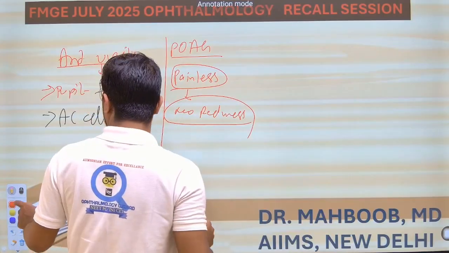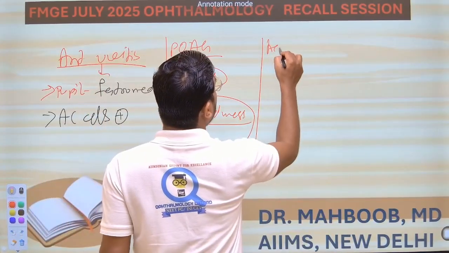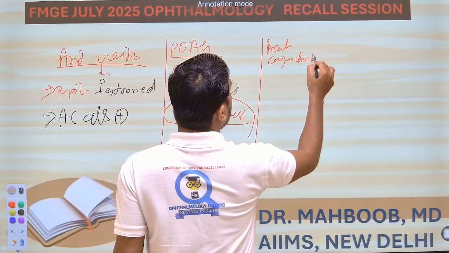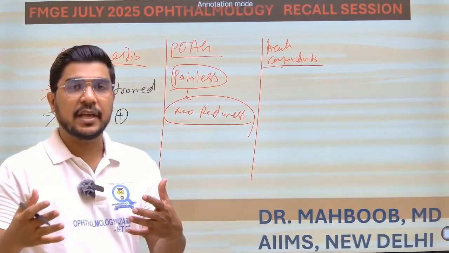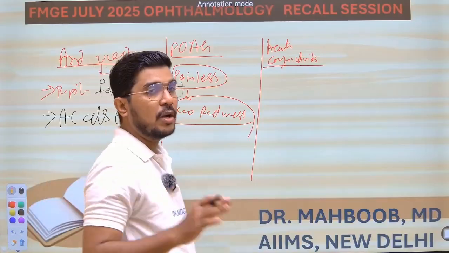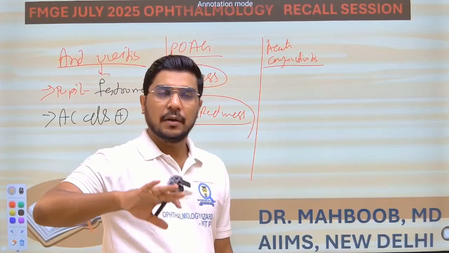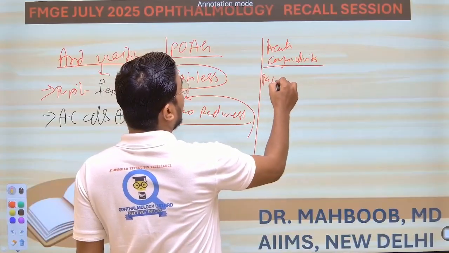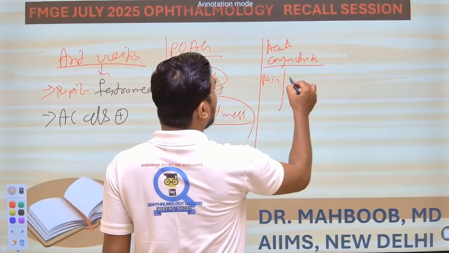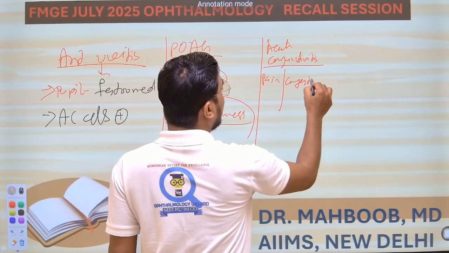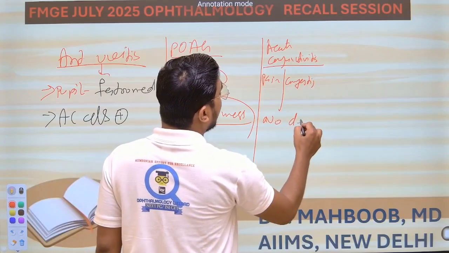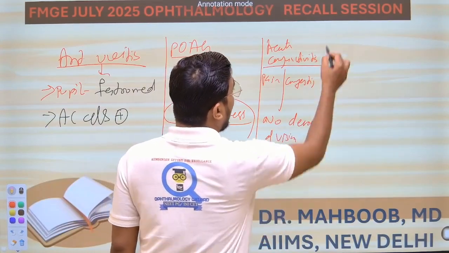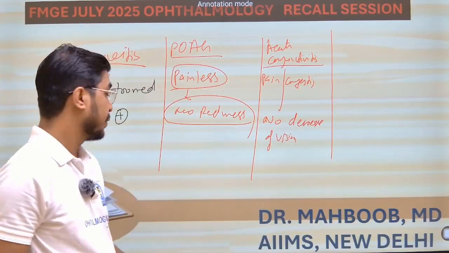Third is acute conjunctivitis. In acute conjunctivitis, what should be there? There should not be a history of decreased vision. There will be pain, there will be congestion, but no decrease of vision. There, decrease of vision does not occur.